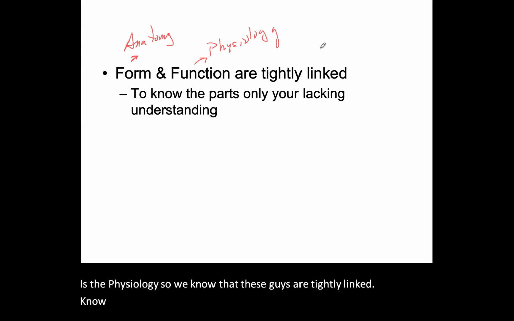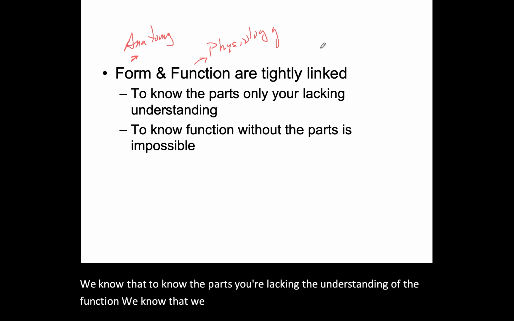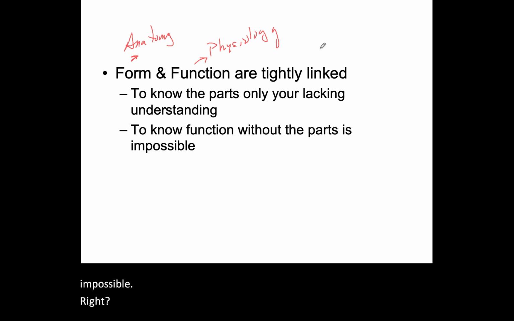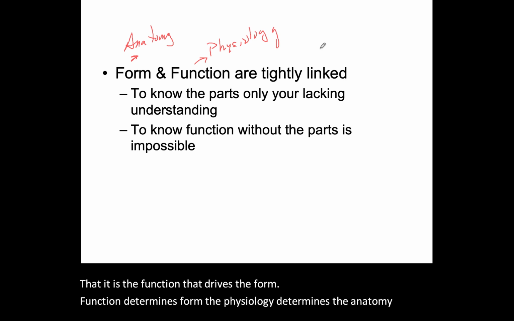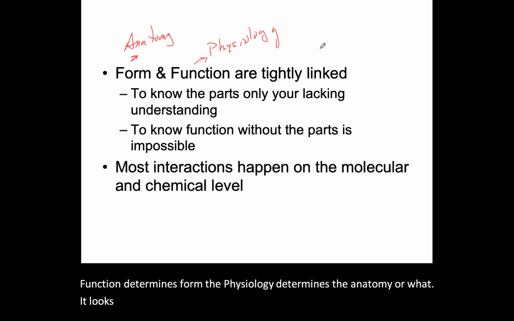We know that to know the parts without the function, you're lacking understanding. We know to know the function without the parts is impossible. And we also know that it is the function that drives the form. Function determines form. The physiology determines the anatomy, or what it looks like.